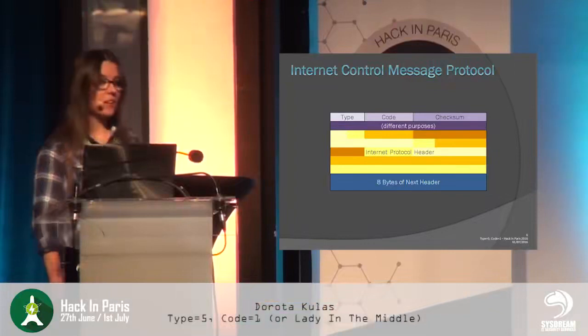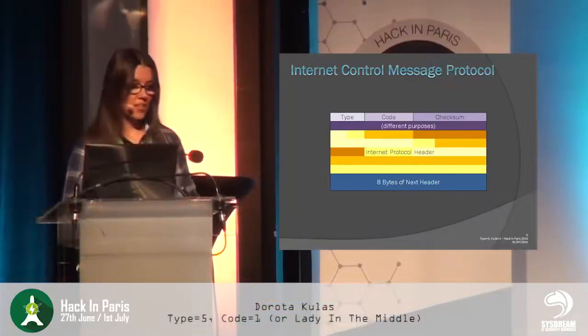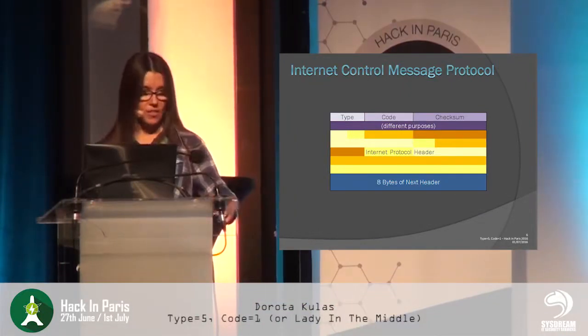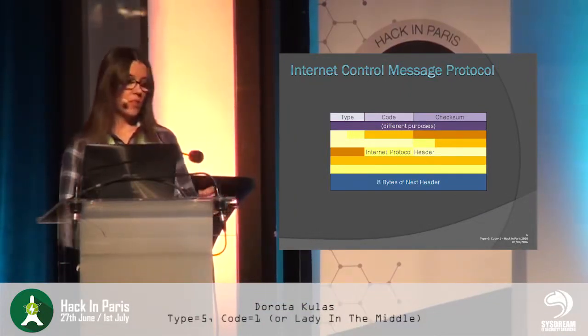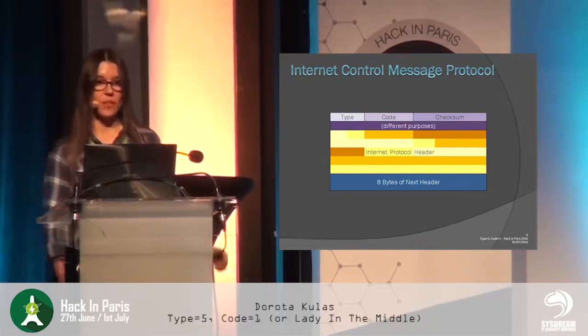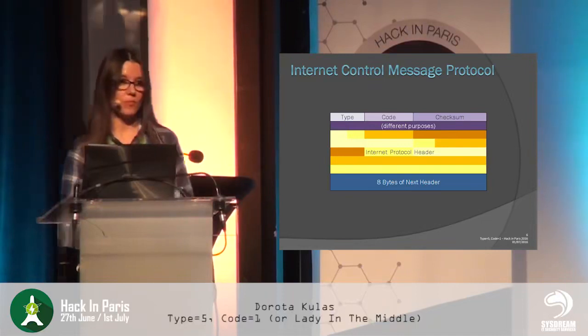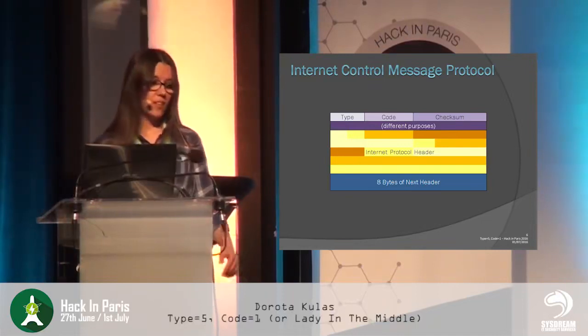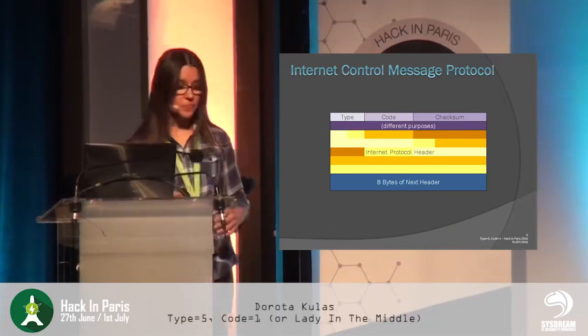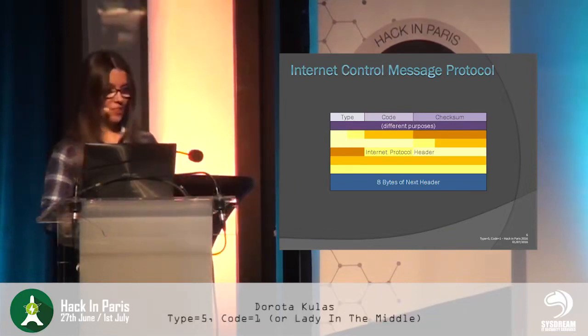On this slide, you only see the ICMP portion, so you don't see the original IP header used for transport. In purple, you see the ICMP header, which always has a type, code, and checksum, and some fields for different purposes, depending on the ICMP message type. Then the yellow and the blue are the part of the IP packet that caused the error. And that will be important.